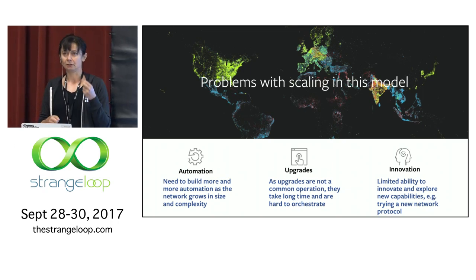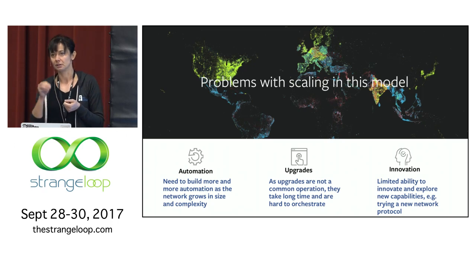Also, to build really good automated tools, what we really needed was to look into the internals of these switches and their internal states. And different vendors would give us different levels of visibility. So usually we wouldn't get everything we needed.